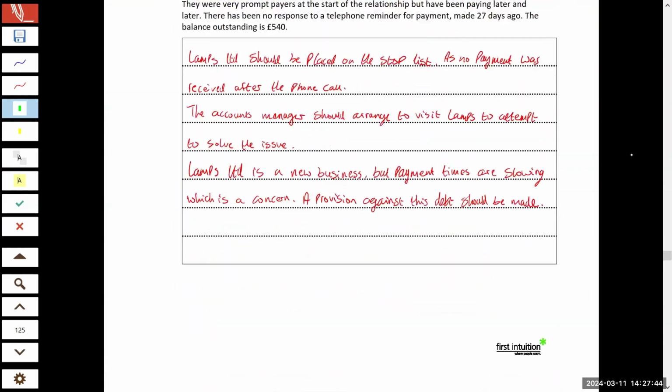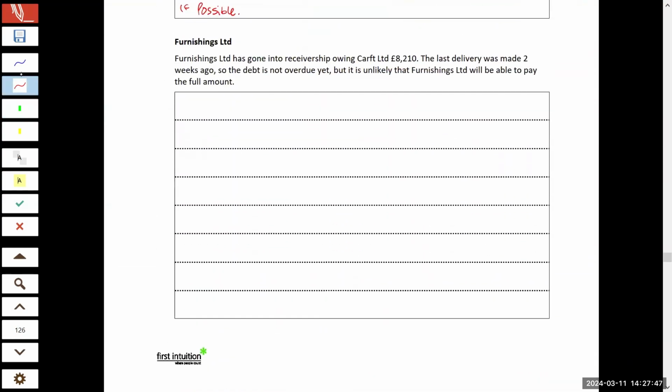So one of our options is that we can reclaim those goods. Well, that's obviously the most obvious option, isn't it?